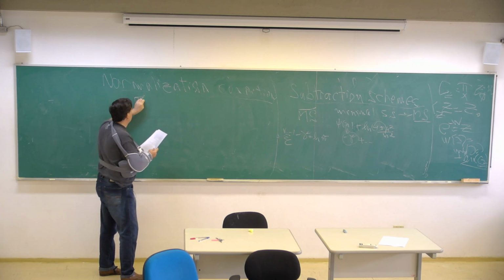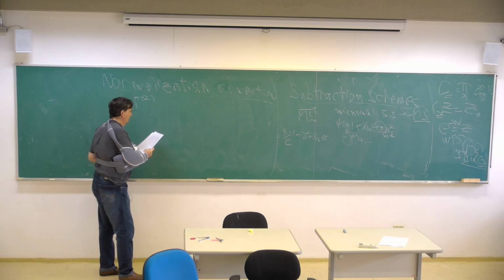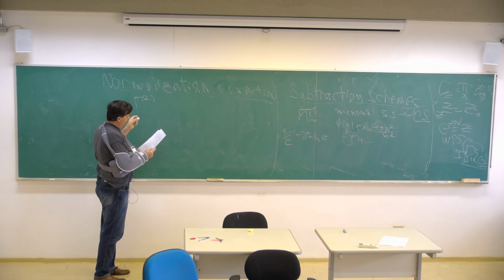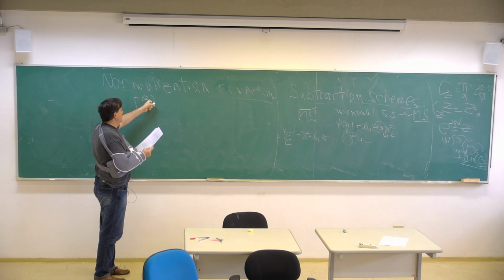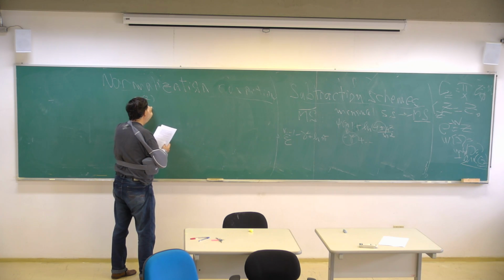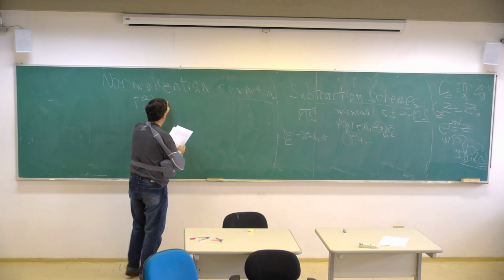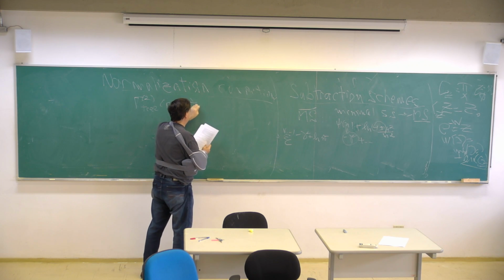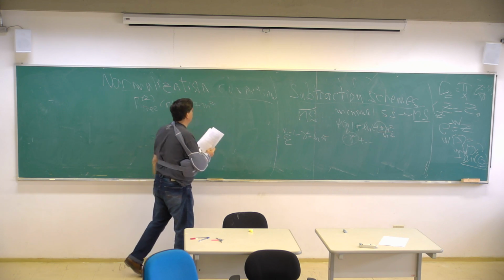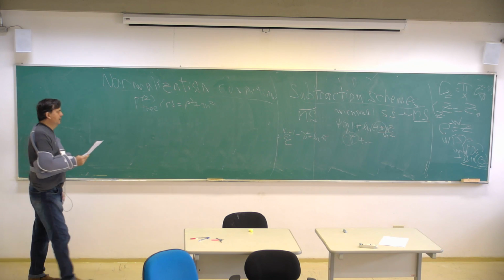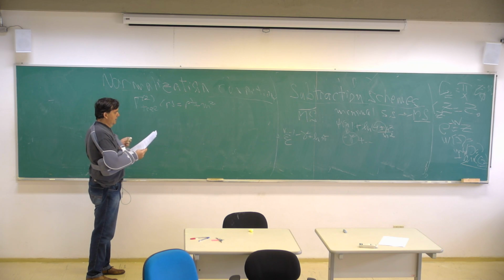Remember that, for instance, the 2-point function, the term in the effective action with two fields at tree level is just p squared plus m squared, the inverse propagator.